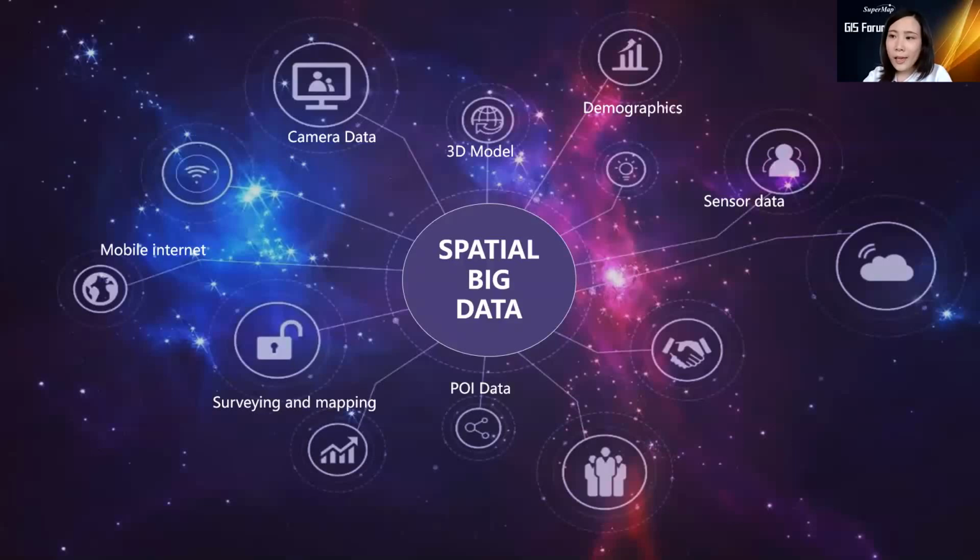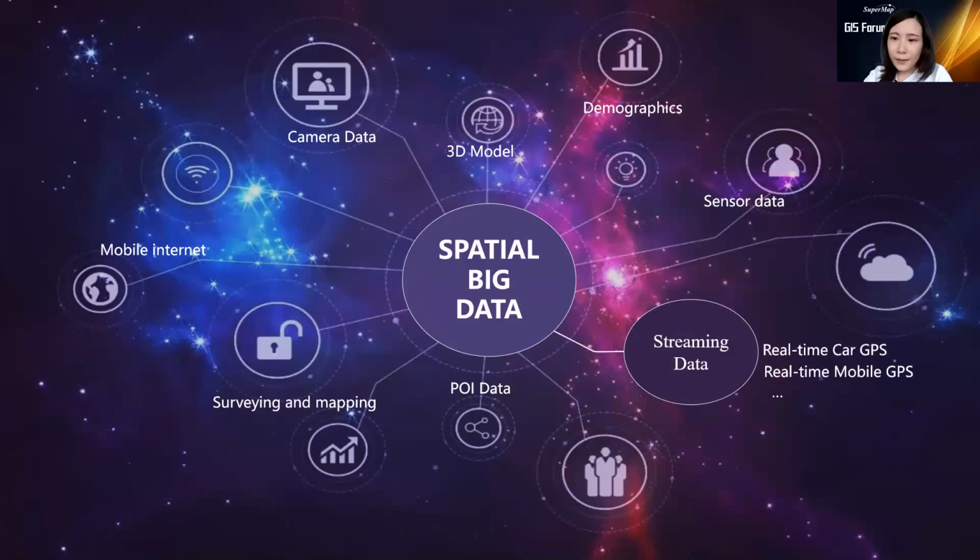And there is one special kind in spatial big data that is real-time car GPS or personal mobile GPS. This kind of data is dynamic and it will change with time. And we can also call it streaming data.